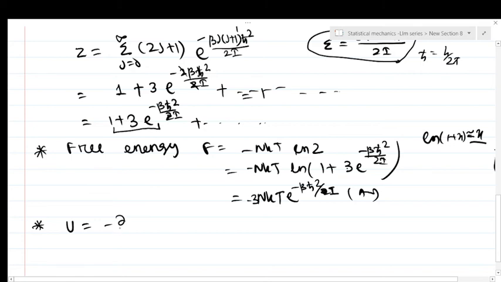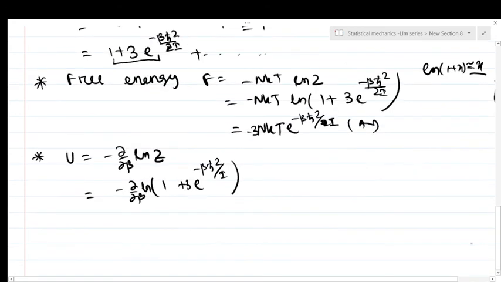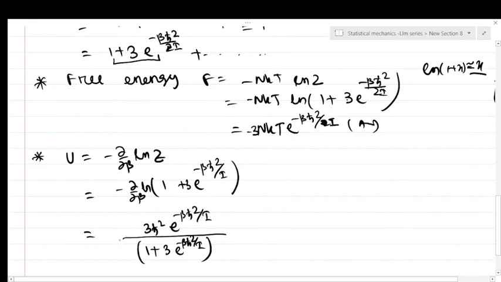So energy is equal to minus del by del beta of ln Z, which is ln of 1 plus 3 e to the power minus beta h cut square by I. Doing the simple derivative, we get the desired result: 1 by 1 plus 3 e to the power minus beta h cut square by I, times 3 h cut square e to the power minus beta h cut square by I, with I in the denominator.